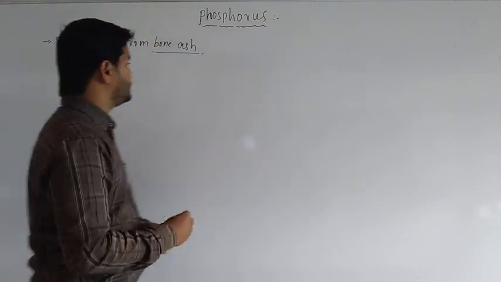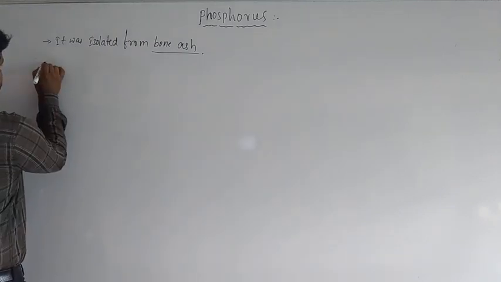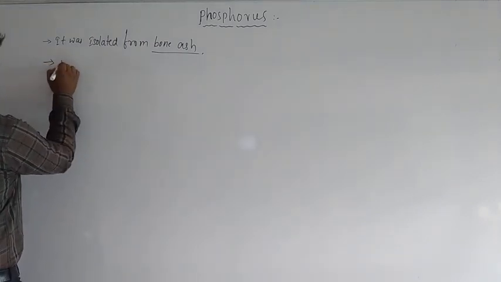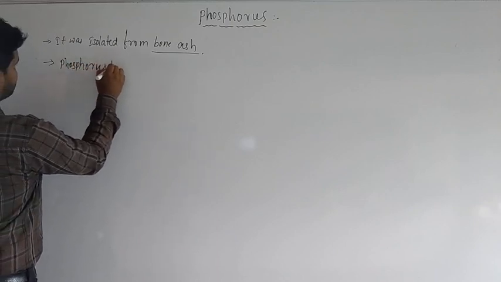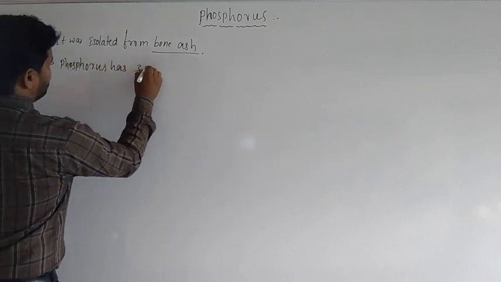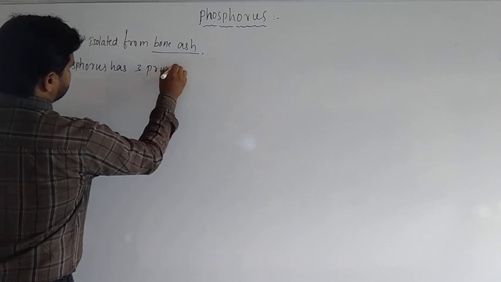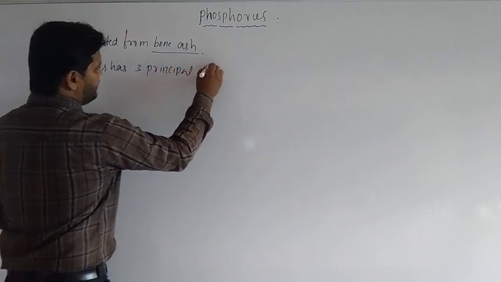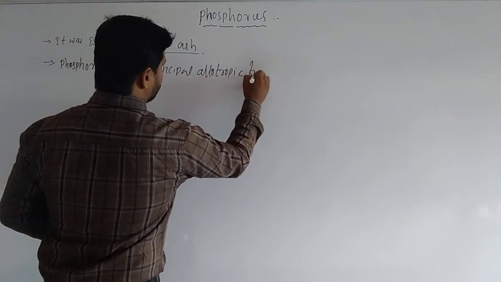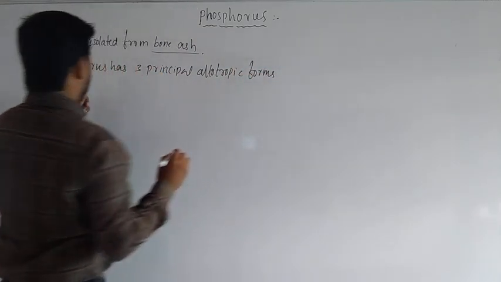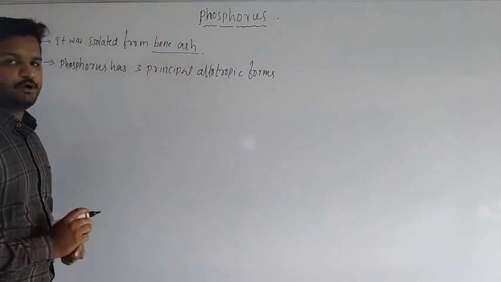Let me write it here: phosphorus has three principal allotropic forms.